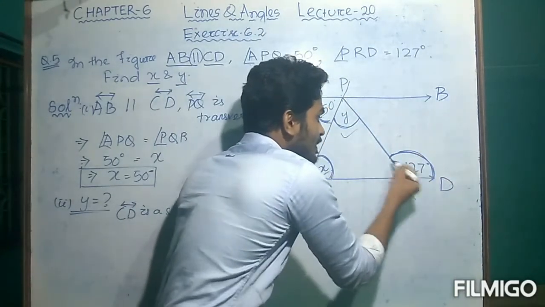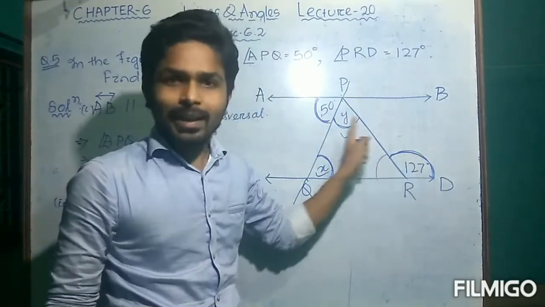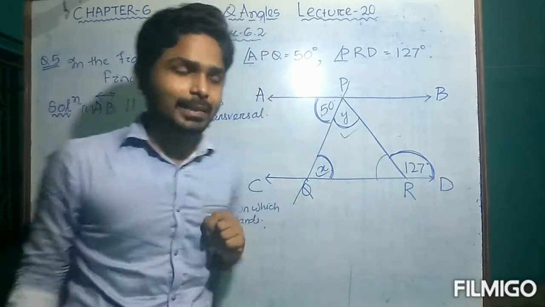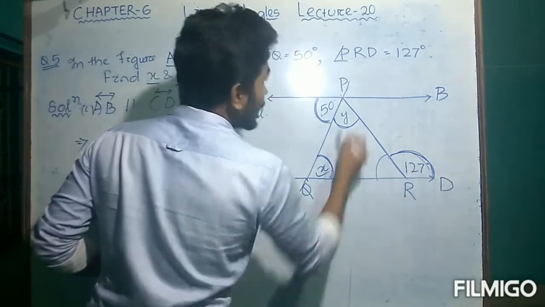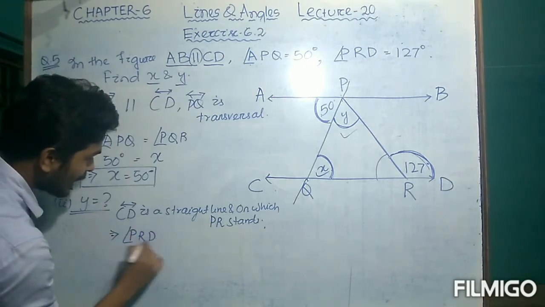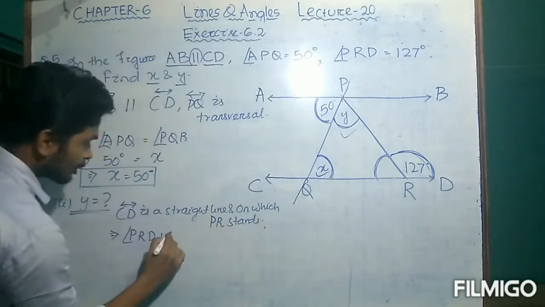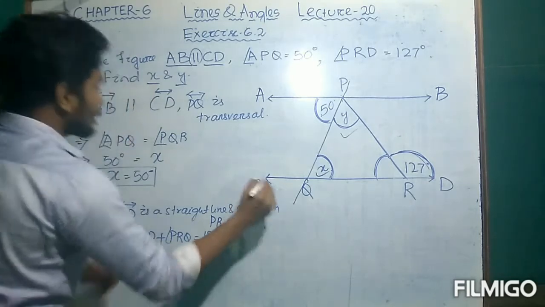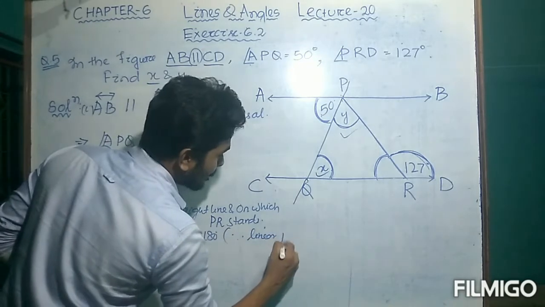Now two angles are formed, this angle and this angle, and these two adjacent angles are known as linear pair angles. Do you know the sum of two linear pair angles is equal to 180 degrees? So we can write angle PRD plus angle PRQ is equal to 180 degrees because they are a linear pair.